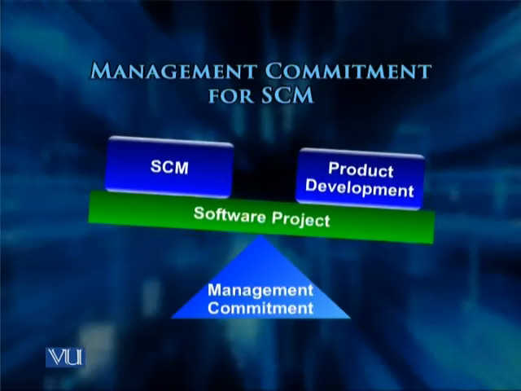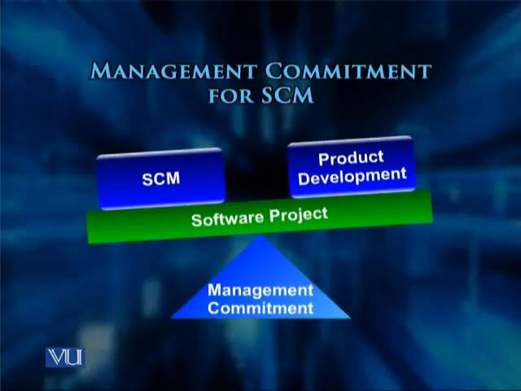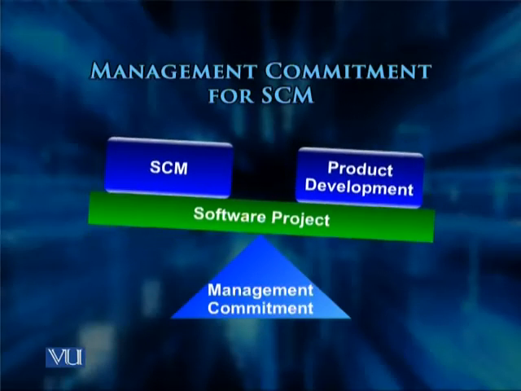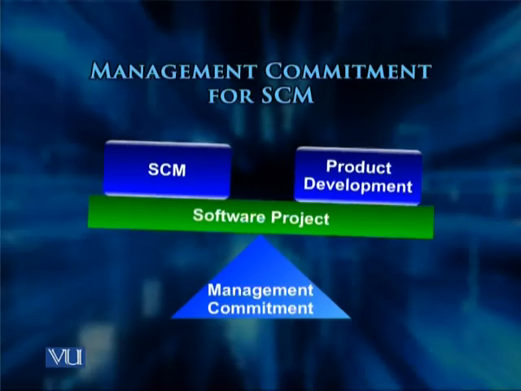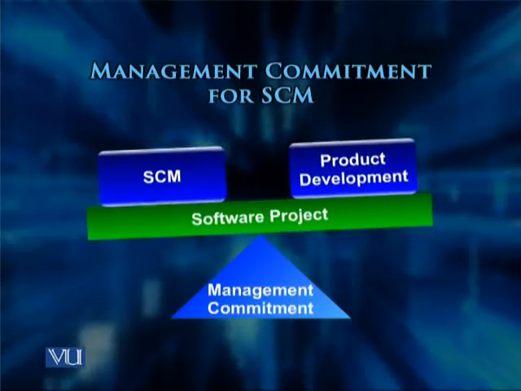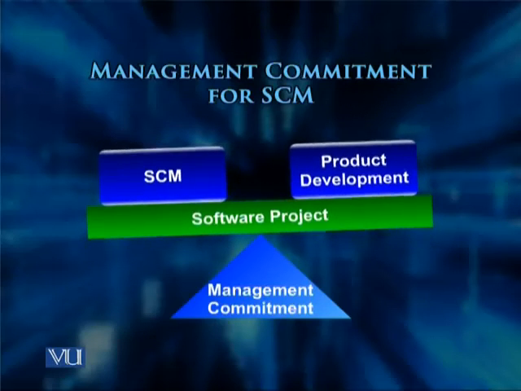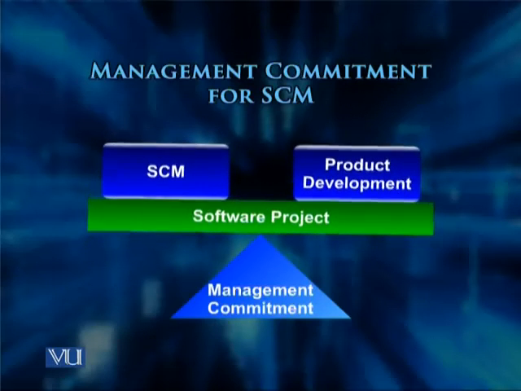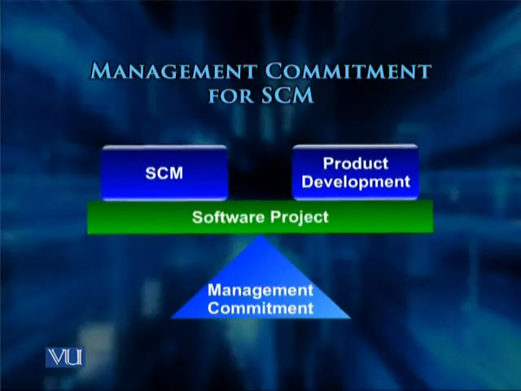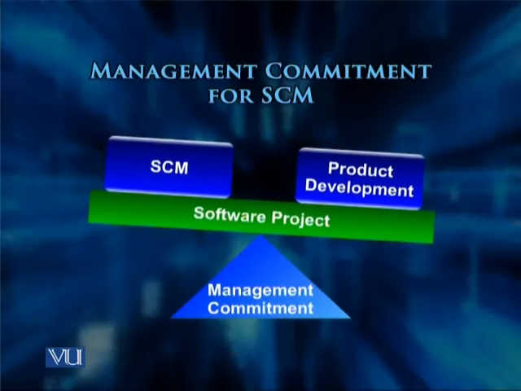And as a result, the entire software project will suffer. There will be a chaotic situation. Because as you can see, the entire software project is sitting on a triangle, on the tip of the management commitment.